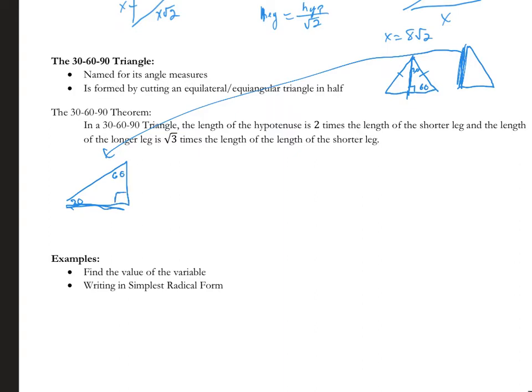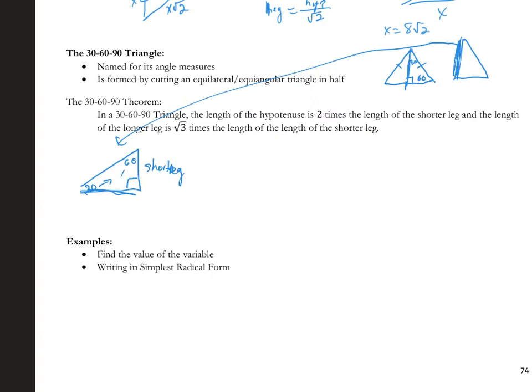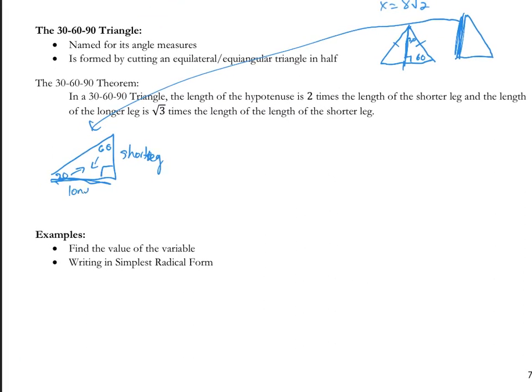Remember that across from the 30-degree angle is the shortest leg, the short leg. Across from the 60-degree angle is the long leg, and across from the 90 is the hypotenuse. So what we know from this theorem is that the hypotenuse is going to be 2 times the short leg.